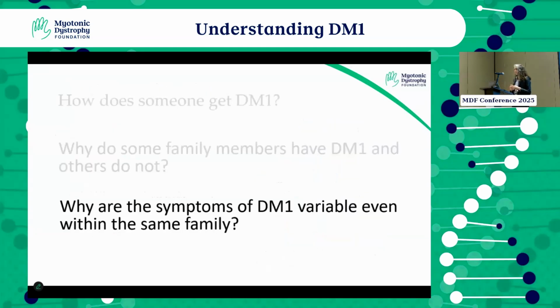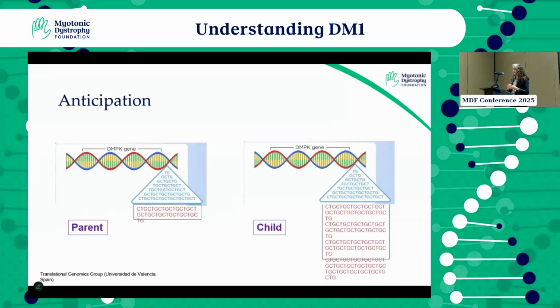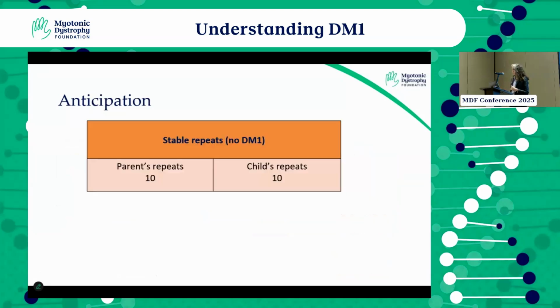And why are the symptoms of DM1 variable even within the same family? One of the concepts that contributes to this is called anticipation. This means that a parent's number of repeats will be less than what their child has. In this picture, you can see a parent with DM1 and the number of repeats they have, and it's increased by quite a lot in the child.